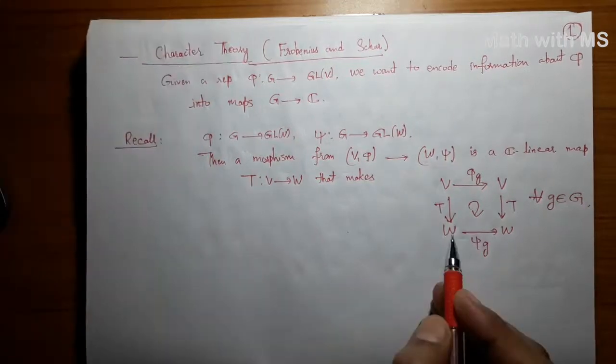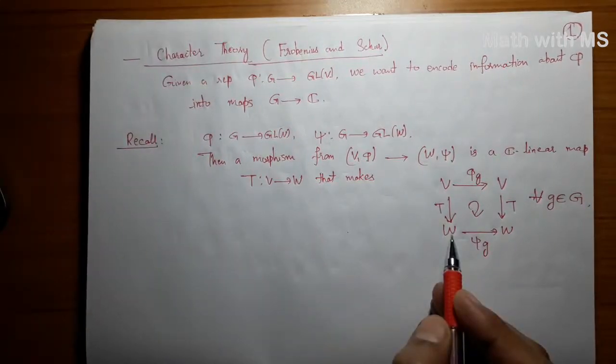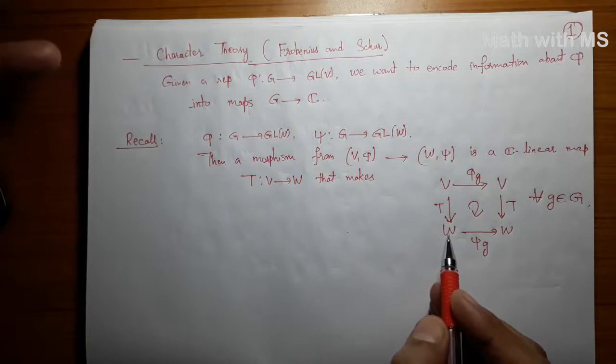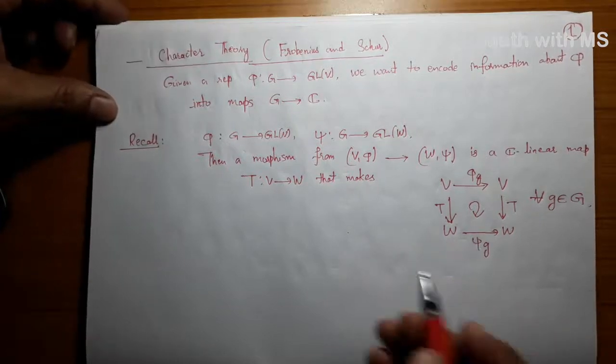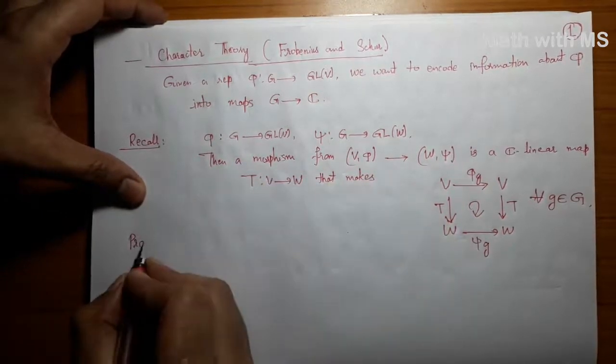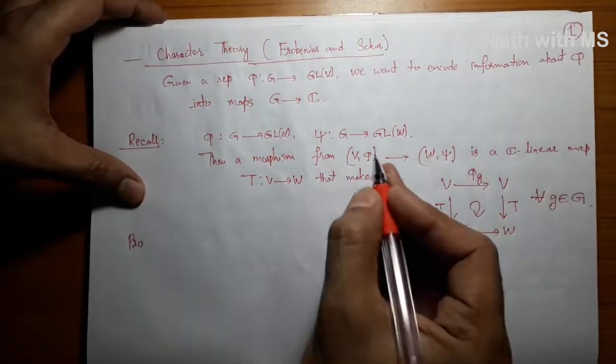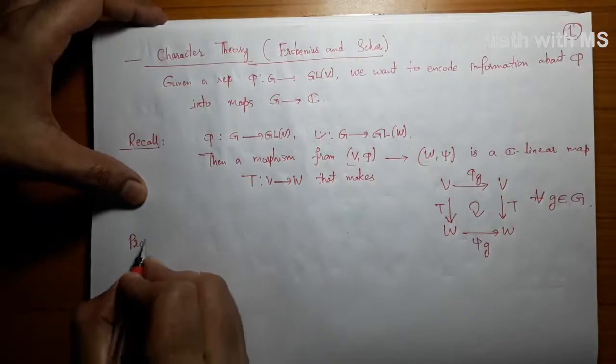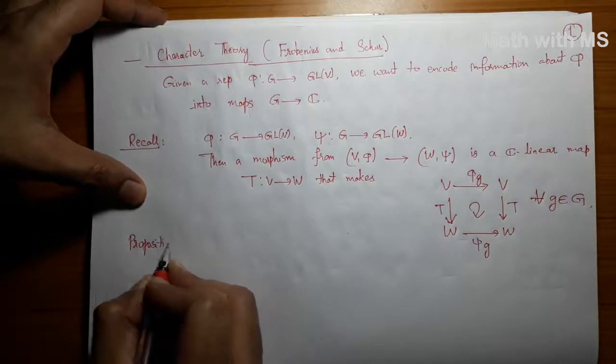All right, so one can make some observations about the morphisms of two representations. If you look at the set of all finite dimensional representations of a given group, then the relation of being equivalent is an equivalence relation. You can easily check that. So let us make some basic observations about morphisms of representations. Here is one proposition.